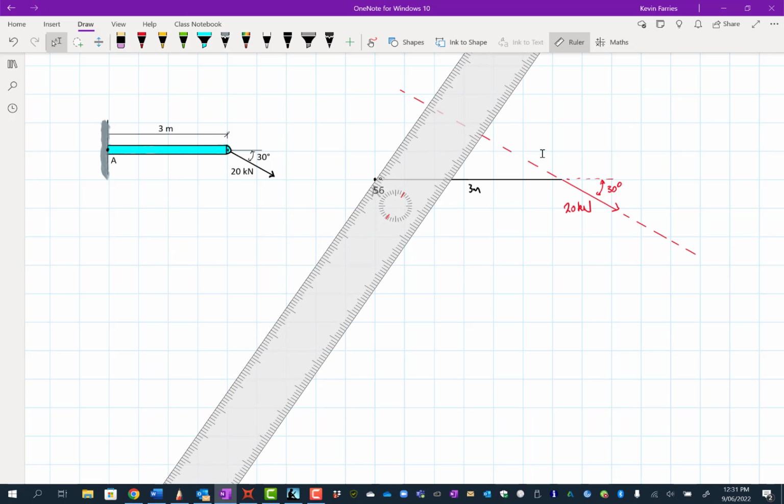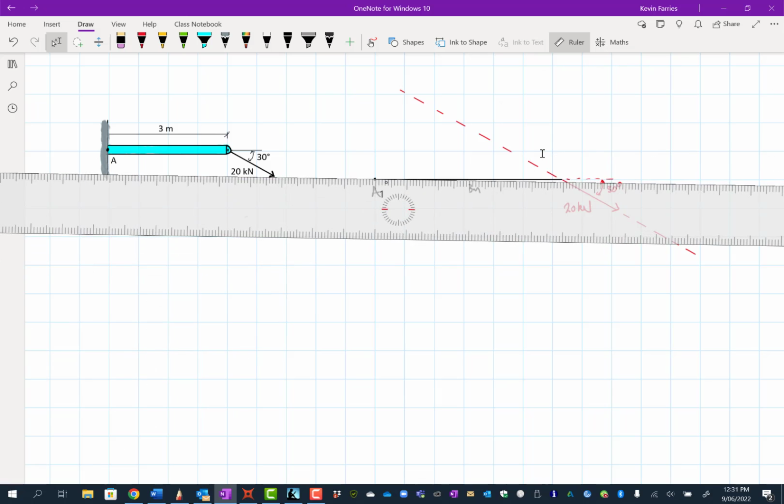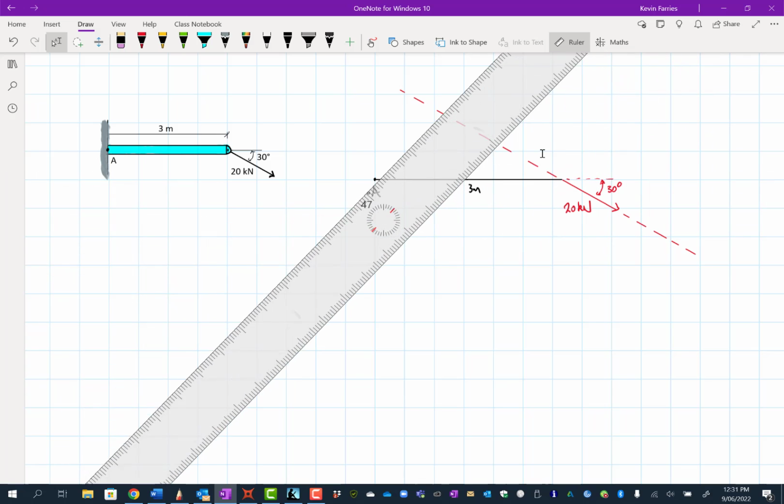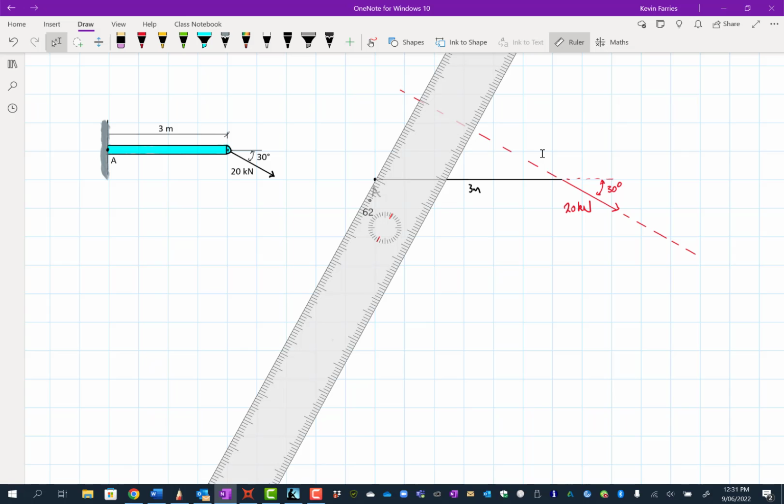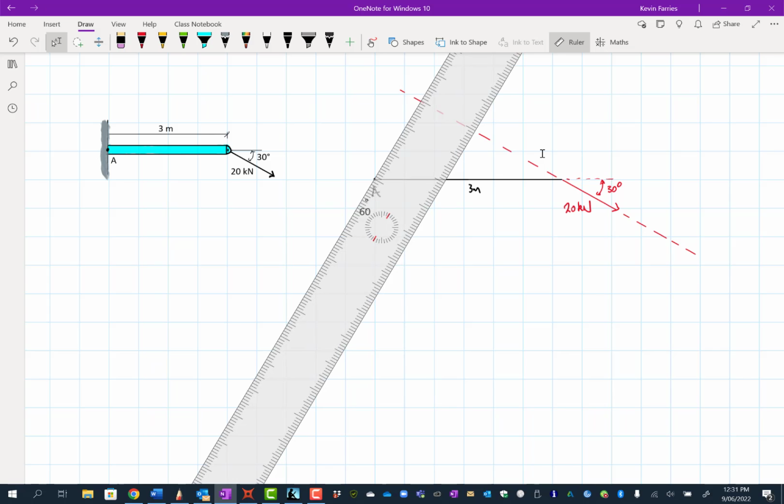Because we've been given that angle, we can figure out what this angle should be. So that's 50 degrees from horizontal. This one's at 30 degrees, so it must be 60 degrees here to get a right angle.